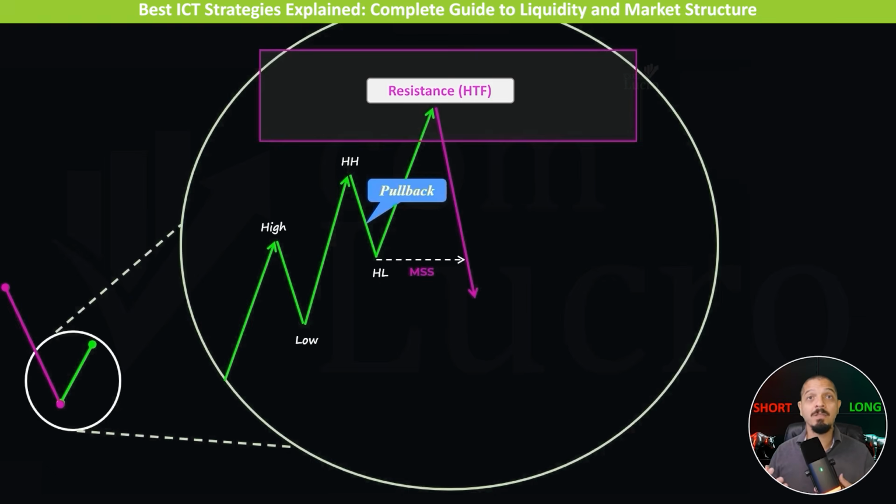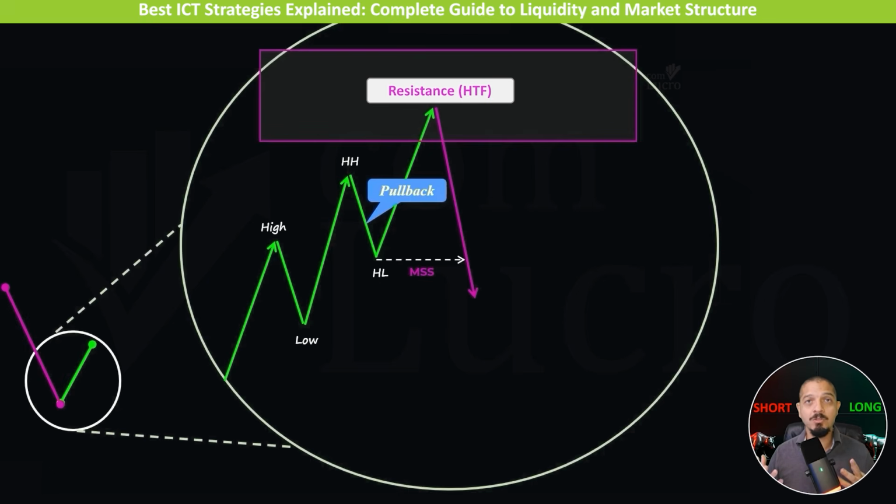It's important to understand that not every corrective leg qualifies as a structure shift. For the shift to be valid, the move must originate from a key unmitigated level on the higher time frame. This is why a solid understanding of market structure is so critical. Without it, you are far more likely to misread the chart and expose yourself to avoidable losses.